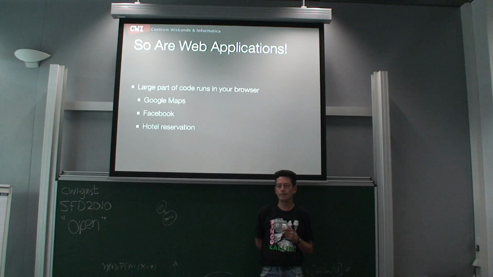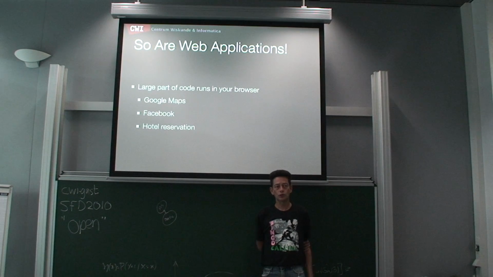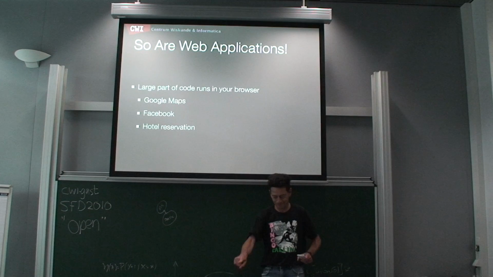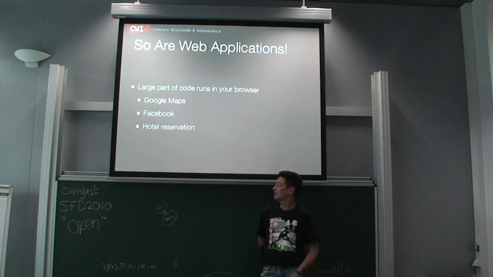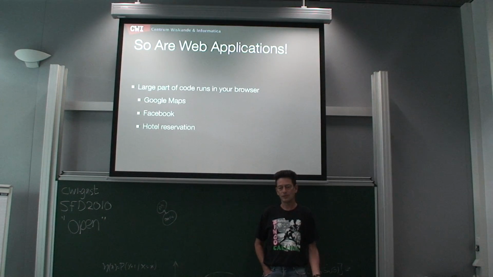Google Maps is a prime example where the data comes from the Google servers, but all the interaction, when you zoom in and zoom out with the mouse, most of that is implemented inside your browser. And things like Facebook and hotel reservation sites. There's probably by now more dynamic websites than static websites.